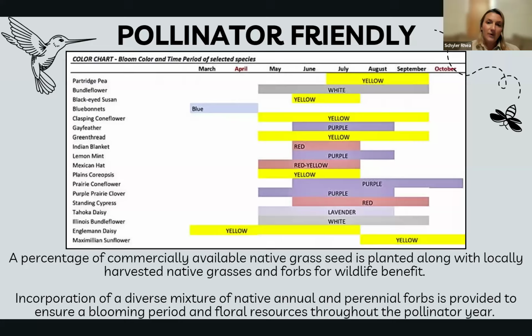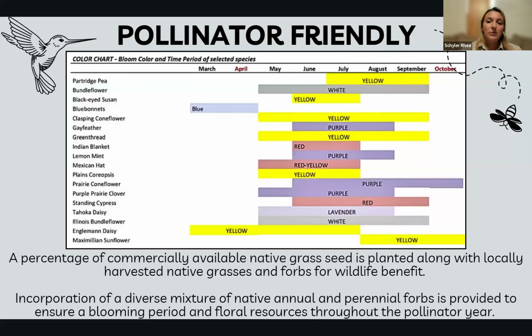So part of what we do is really focused on the native plants that are supposed to be in that ecoregion or at that project site. And one thing we like to focus on is making sure that we have pollinator friendly mixes.